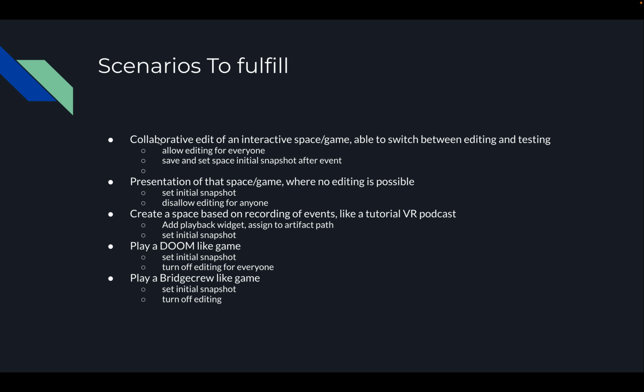So one, a collaborative edit of an interactive space. It can be a bar or maybe a game or art exhibit, and you just allow editing for everyone. When they're editing, they're personally editing it, and when they're not editing, they're personally not editing it, and then they're testing the space, which means that certain objects that you pull in have certain behaviors, but when you're editing, they don't exhibit those behaviors on you.